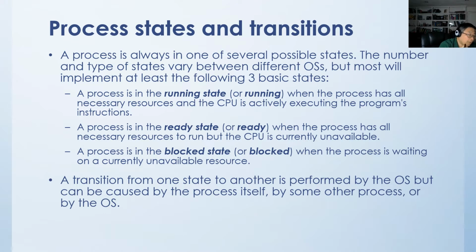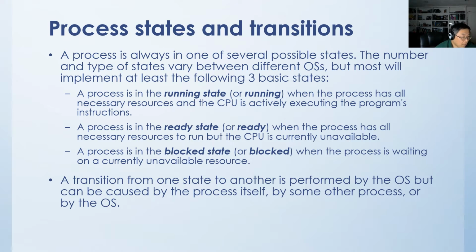If the CPU is available for the process, then the CPU starts to execute the instructions for the process, and this process is running. Now, what about the other processes? The other processes are basically in the idle state. That means they're ready to run, but they currently don't have the CPU resource.